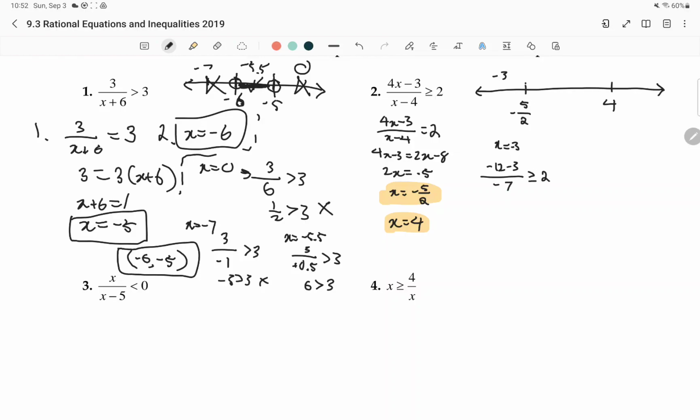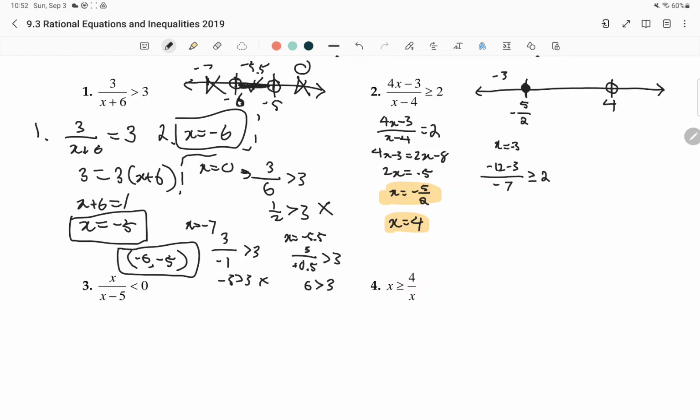Oh, sorry, we need to define our boundary points first. Okay, x cannot touch 4 because it's a vertical asymptote. Vertical asymptotes will always have an open circle, and it can equal negative 5 over 2 because it's greater than or equal to. So this is what our boundary point is going to look like here.